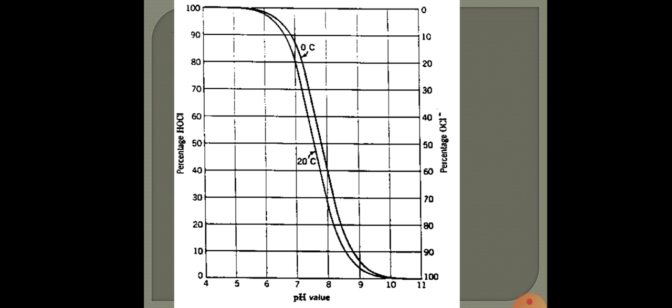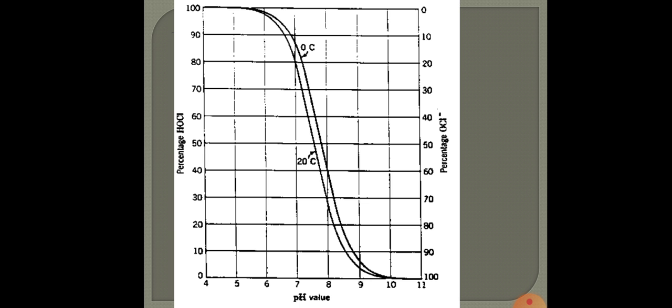Now the concentration of the former will be reduced and that of the latter will be increased as the pH keeps increasing, like you see in the figure, and when the pH is greater than 10, only the hypochlorite ions will exist, since the hypochlorous acid is about 80 times as effective as the hypochlorite ions.